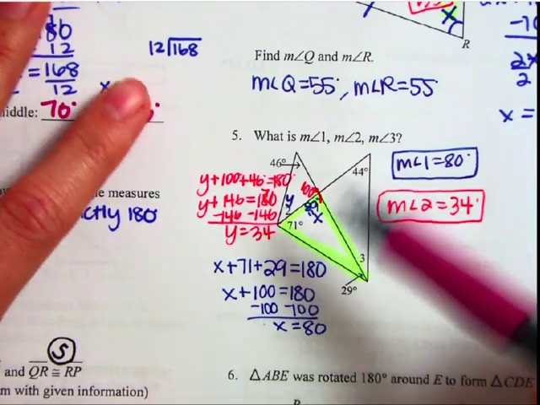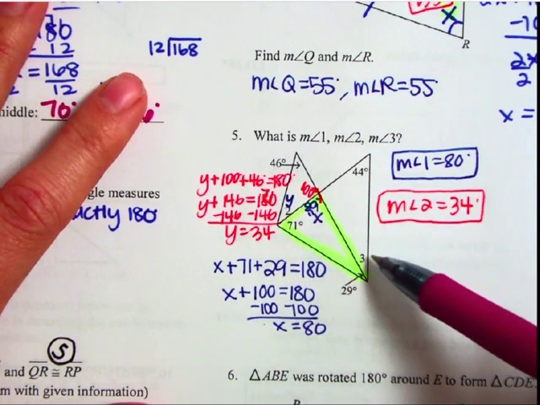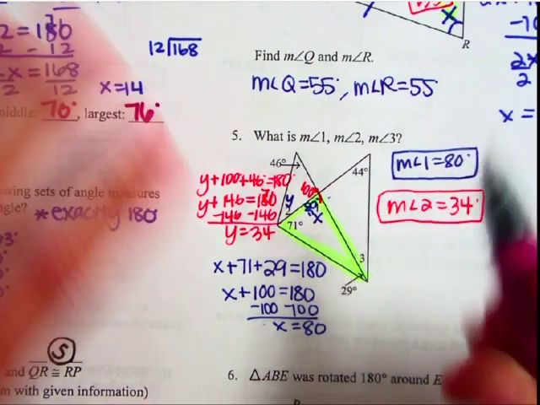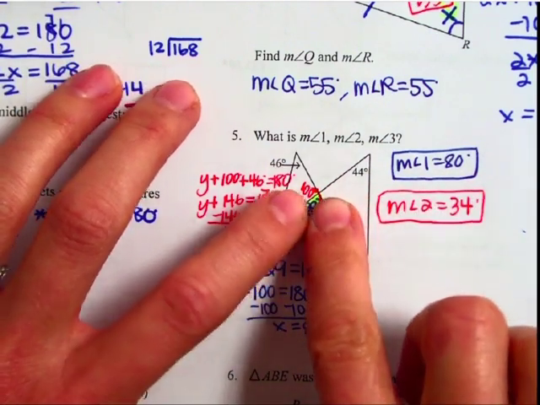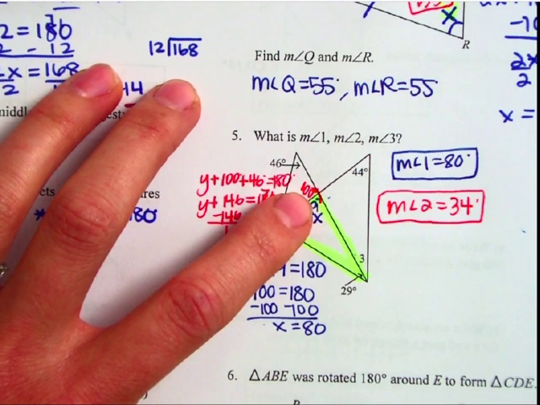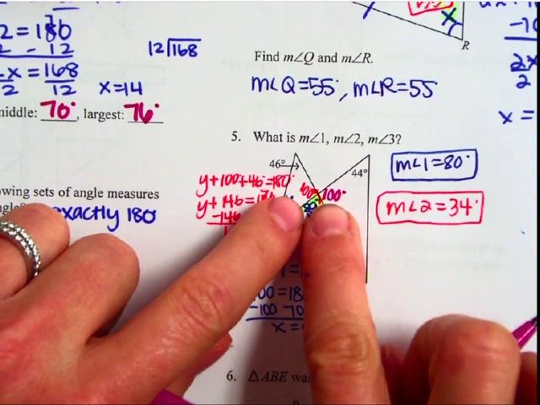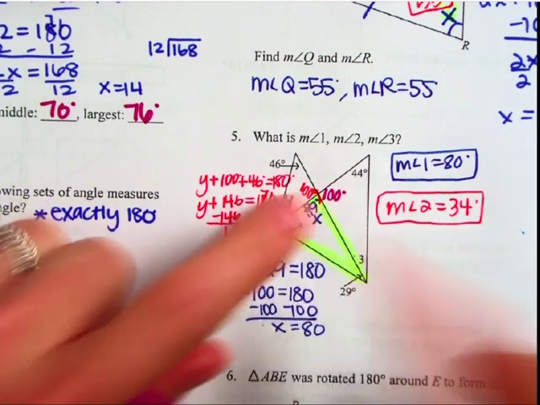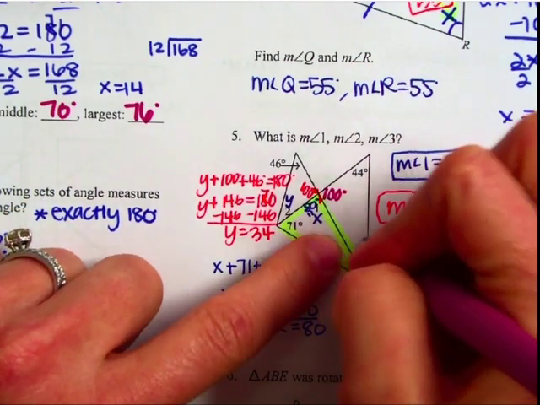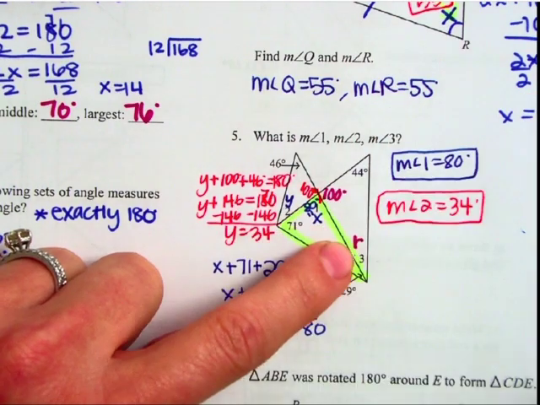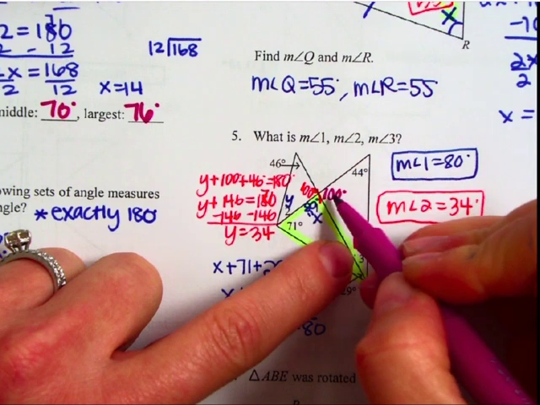Okay, and then lastly, I'm going to come over here to find angle 3. I don't have enough information in here to find angle 3, but I can use vertical angles. If this is 100 degrees, then I know that this angle across from it is 100 degrees. Those are vertical angles, they're congruent. So now I'm going to call angle 3 a different variable. I'll call it r. r plus 44 plus 100 equals 180.